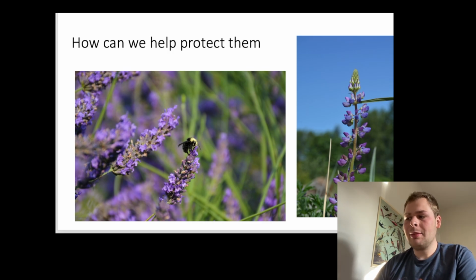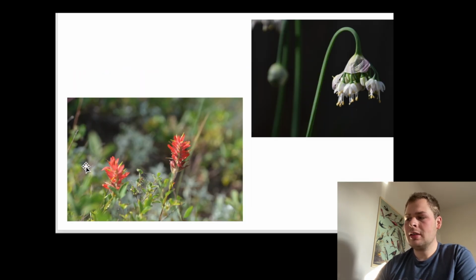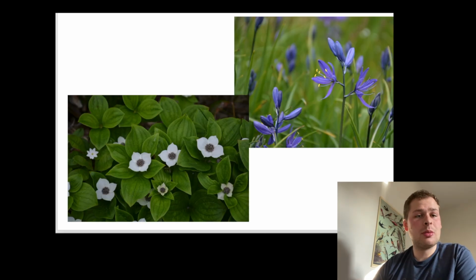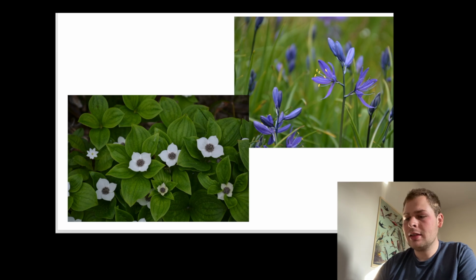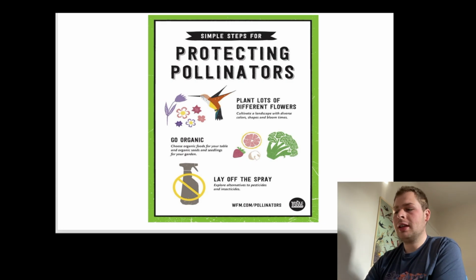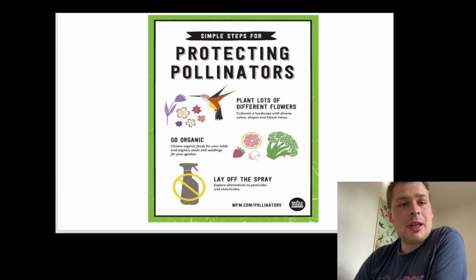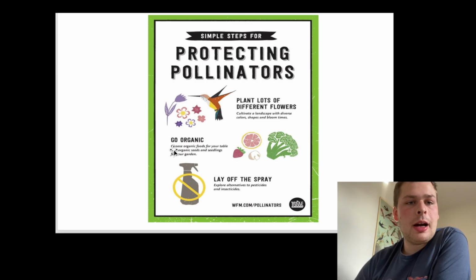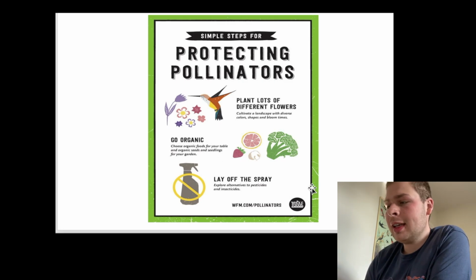Here are a few examples of different flowers that are native to our region, and all of these will be pollinated by insects. Protecting pollinators, here's another little image: we can plant lots of different plants. Like I said, we can lay off the spray and go organic, so don't use harmful pesticides, and create habitat for the bees.